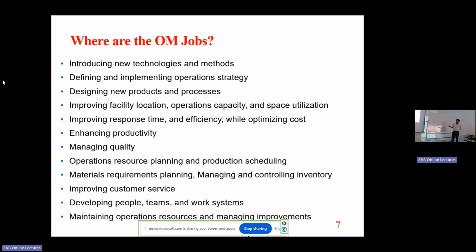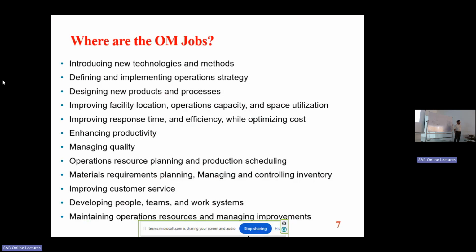They should be involved in decisions like facility location, where to locate factories and other operations facilities, deciding long term capacity requirements and making capacity adjustments as required, ensuring higher capacity utilization and space utilization, and working on improving response time and efficiency while optimizing cost.